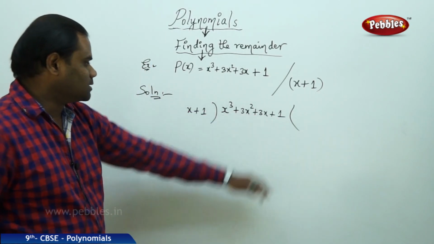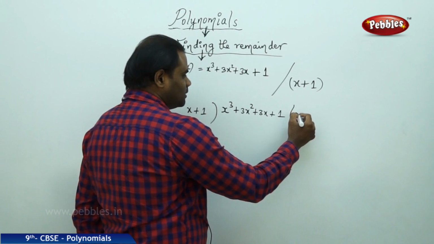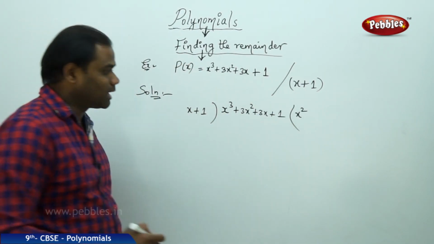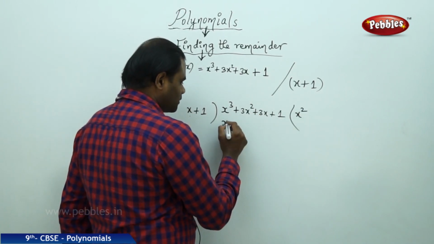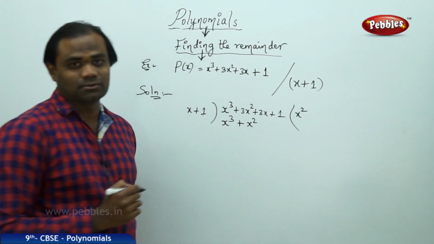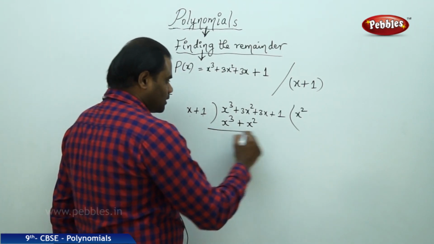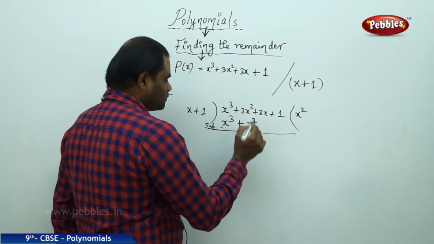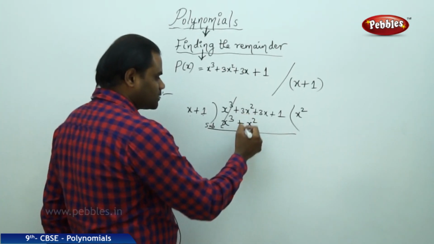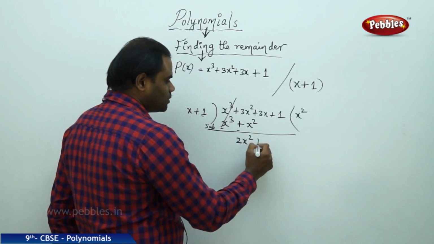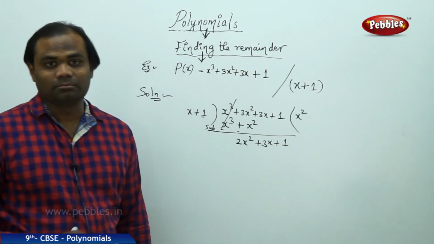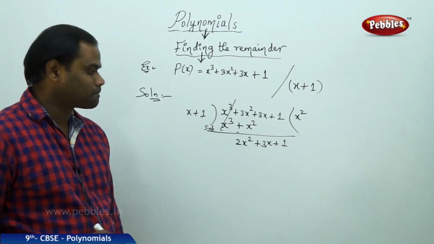Now, x cubed can be obtained by multiplying x with x squared, so that I get x times x squared, which is x cubed, and 1 times x squared, which is x squared. Then I subtract with the change of signs, the x cubed gets cancelled, and 3x squared minus x squared is 2x squared, with the other two terms dropping down directly from the given expression.